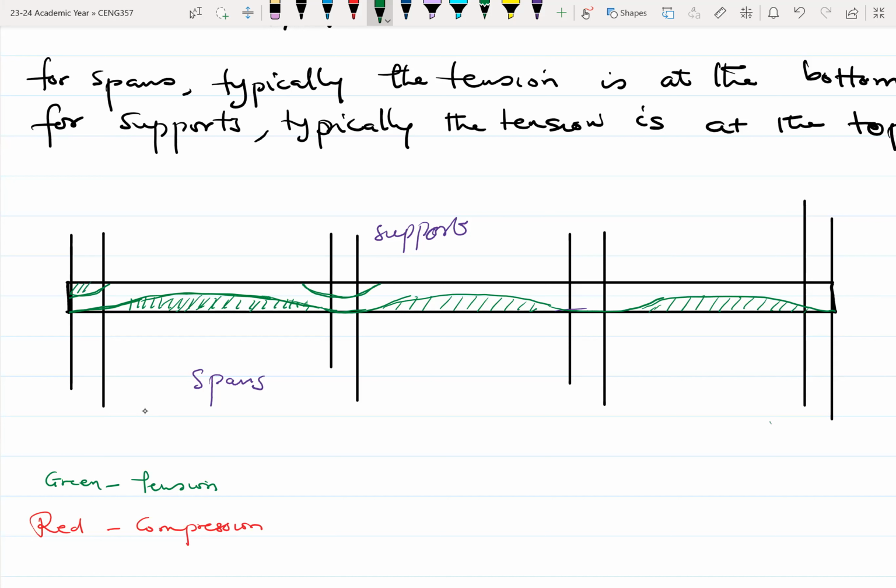So this is a tension zone for the supports. All right. So that's one thing to take note of. For the spans, the tension zone is at the base, and for the supports, the tension zone is up. Because hogging moments occur at the supports.